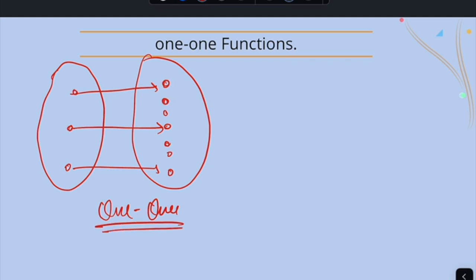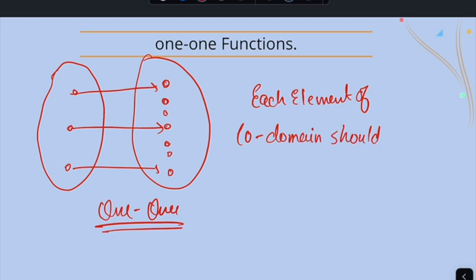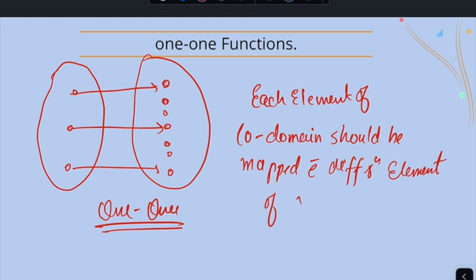So what I said: each element of domain should be mapped with a different element of codomain.